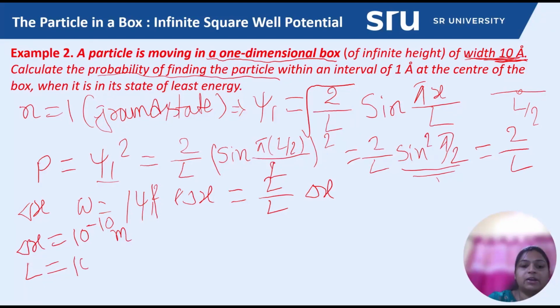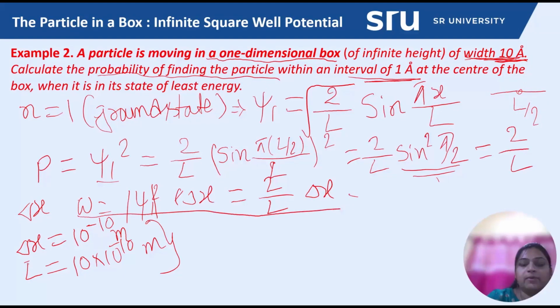So we can write L as 10 into 10 power of minus 10 meter, and delta x is this interval of 1 angstrom. So if we use these values in the above formula, then we can get P is equal to 2 by L, that means 2 divided by 10 into 10 power of minus 10, multiplied by delta x equal to 1 angstrom, that means 10 power of minus 10.